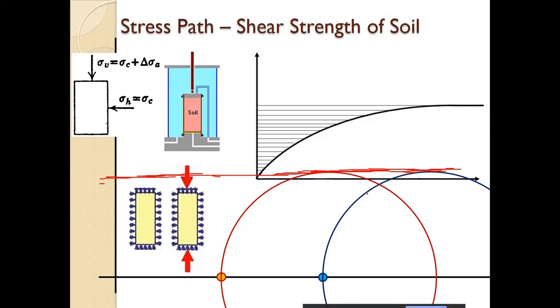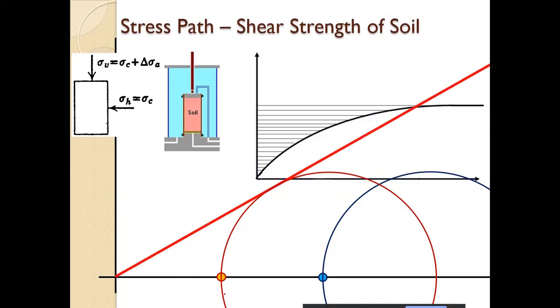So why did it stabilize at this deviatoric stress? Because now it has reached its failure state. Okay, so this is tau is equal to sigma n tan phi.